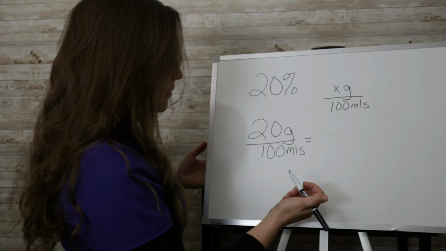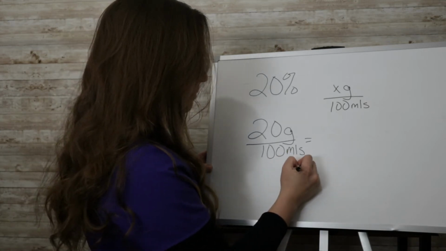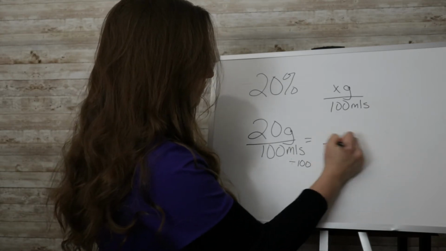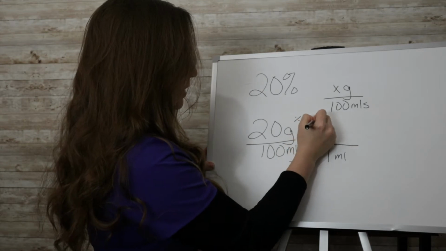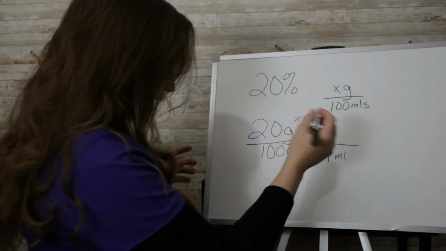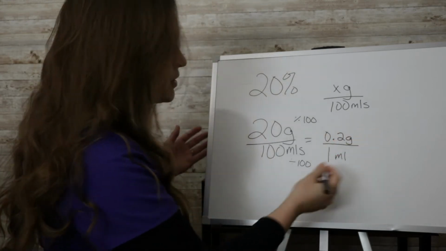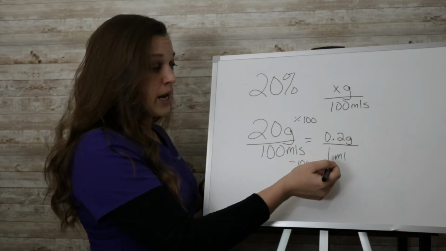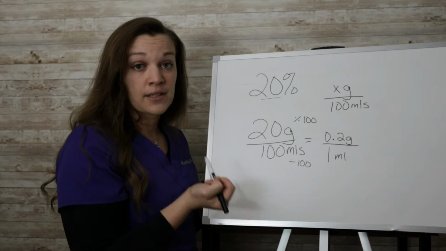A really easy one would be 100, because if we take 100 divided by 100, we just have 1 mil on the bottom. And if we take 20 divided by 100, we end up with 0.2 grams. So this is a much easier fraction to work with: 0.2 grams per 1 mil in our example 20% solution.